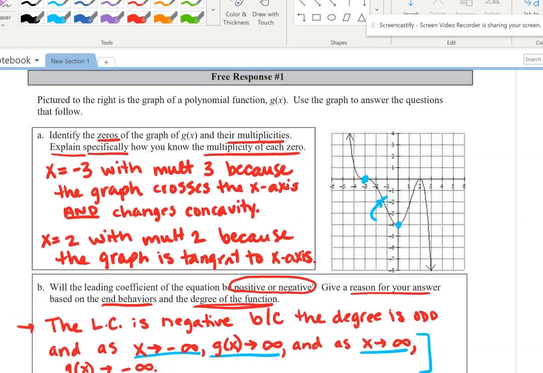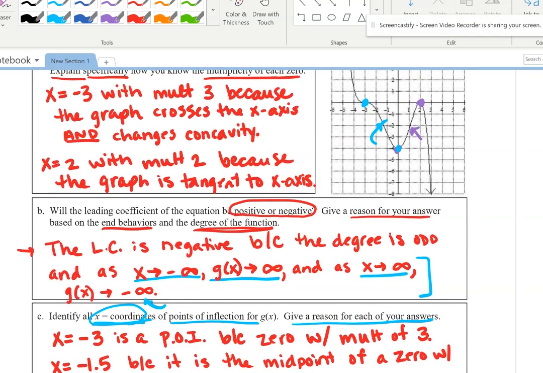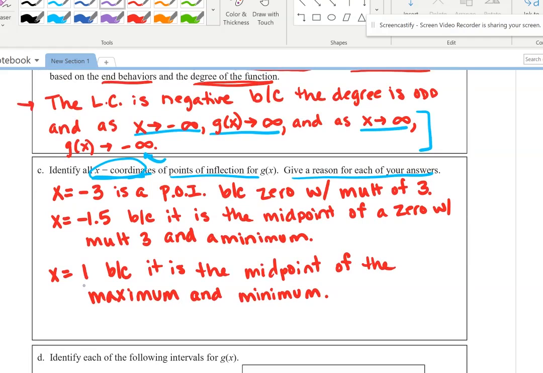Then the last condition says, hey, when you have a minimum and a maximum consecutively, the point of inflection is right there in the middle. So you're adding up the x values and dividing by 2. So x equals 1 because it is the midpoint of the max and the min.